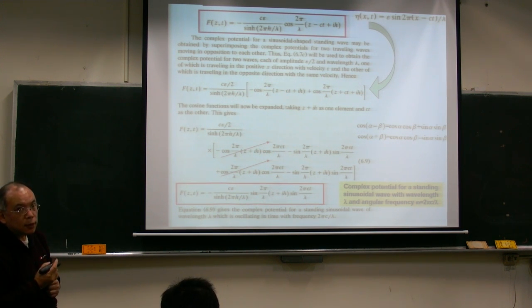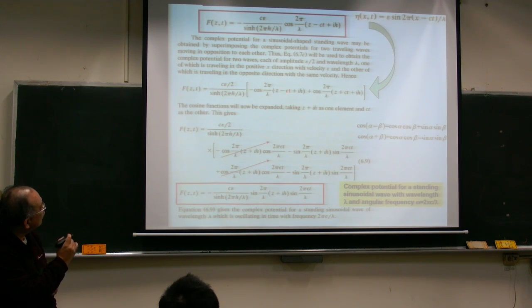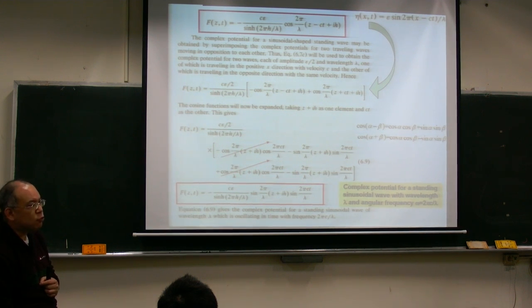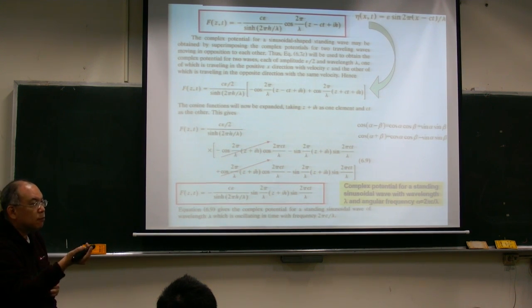Once you know this solution, I can superimpose two traveling waves, one traveling with z minus ct and one with z plus ct, and I get the complex potential for the standing wave.